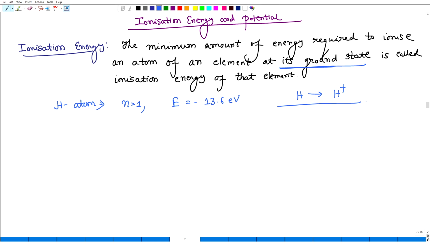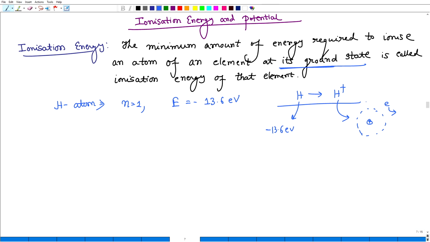So in H, the electron has energy minus 13.6 electron volt. But when it is H plus, that means there is only one nucleus, there is no electron. That means the electron is totally out of the field of the nucleus. So there is no potential energy, as we discussed.